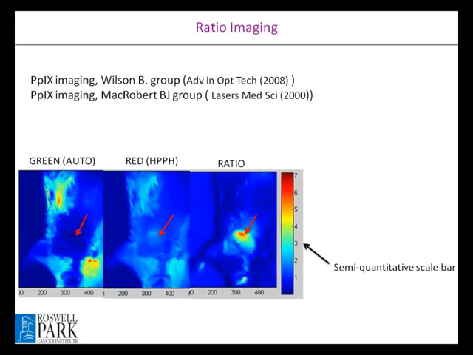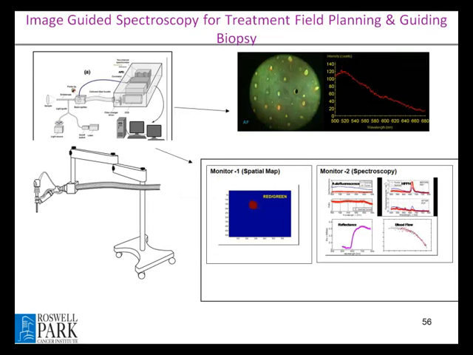The autofluorescence is low on the lesion. This is the red. And when you ratio it, you get rid of some artifacts, it is semi-quantitative, and you localize the lesion better. So this may be the way to go for image guidance, and I basically want to work on it.